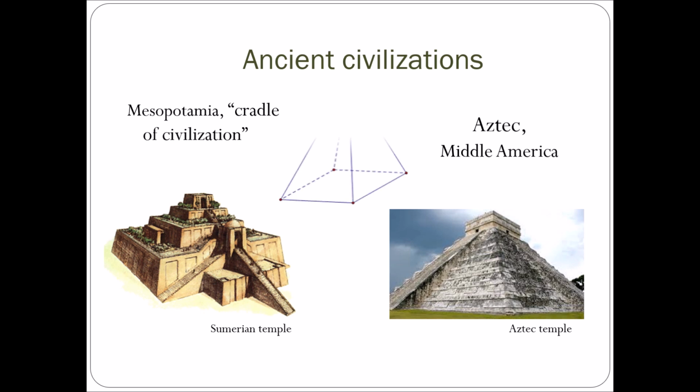Geometry is also considered in history, like in Asian civilization, in Mesopotamia as a cradle of civilization, in Sumerian temples, or in the Aztecs in Middle America. They have similar kinds of geometric forms in their temples.